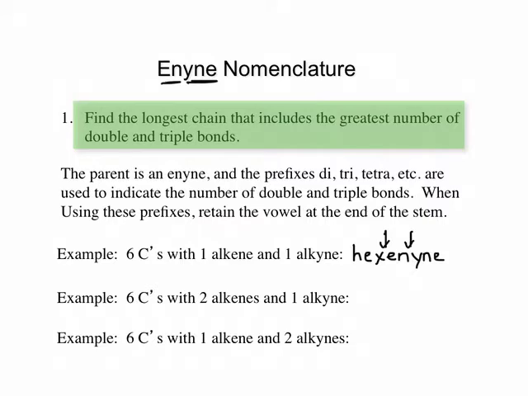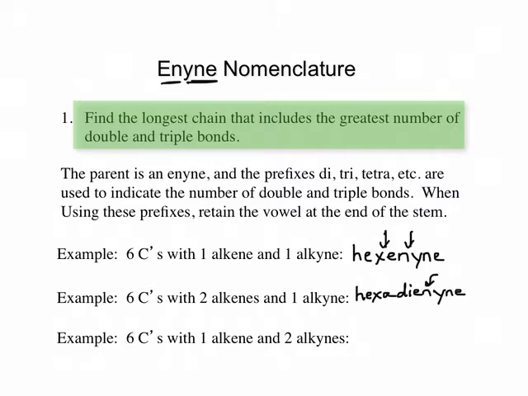Again, it's going to be hex. Now the next thing, since there are 2 alkenes, it's a diene. And since di is not a vowel, we're going to have to go hexa, diene, yne. Notice I dropped the E off the ending of ene right there, because in OChem, Y is a vowel, and I don't need it.